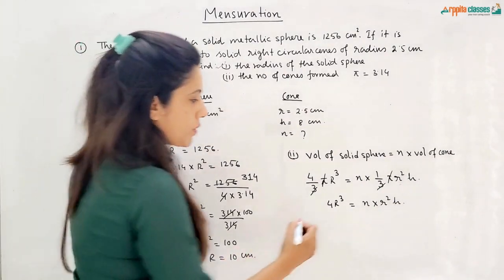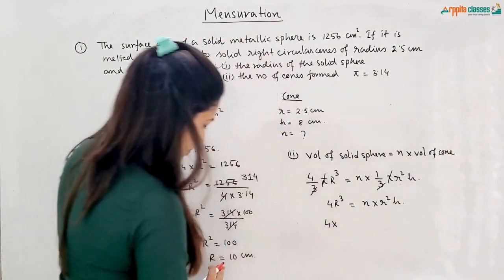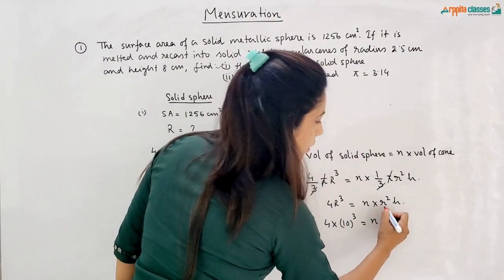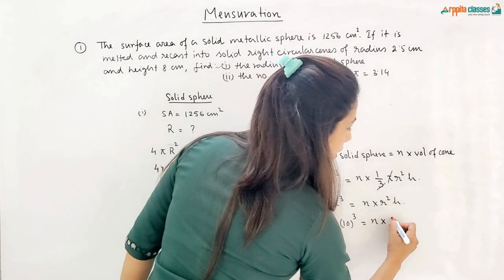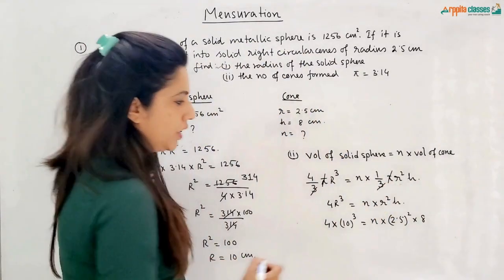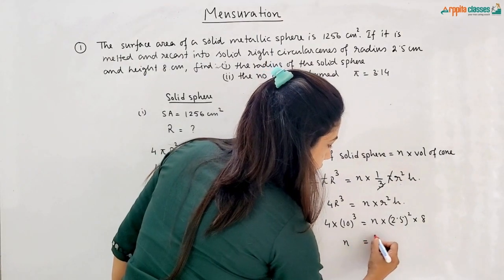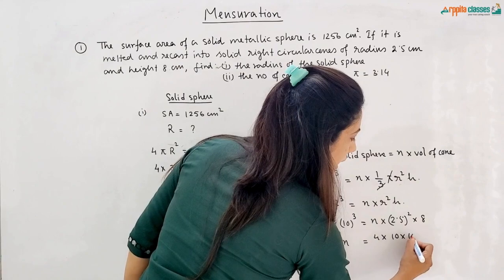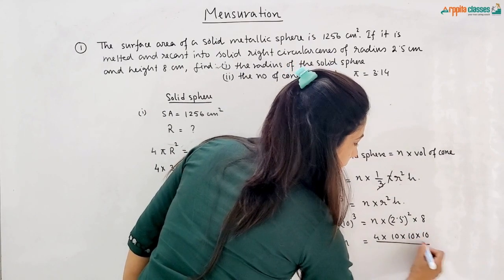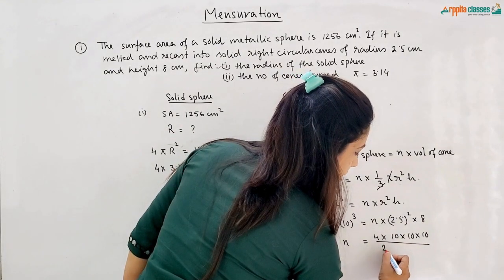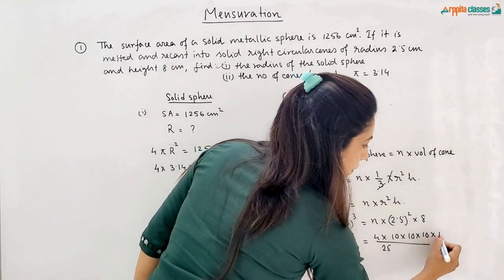Let us put the values now. 4 into R cube, R is 10, so 10 cube, is equal to n into r square, r is 2.5, so 2.5 square, into h is 8. So the value of n would be 4 into 10 cube. Now I am going to write 10 into 10 into 10 for 10 cube, divided by 2.5 whole square. So 2.5 whole square I will be writing as 25/10, that 10 will go up.